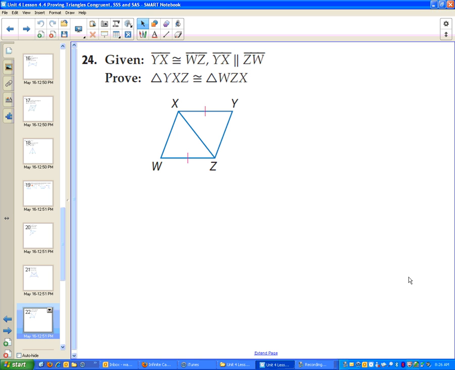So you write the given, you write what you're supposed to prove, you draw your figure, and let's go ahead and label what we're given onto our figure. They did label part of it, but not everything. Segment YX, oh, now I've got to reorient the thing.